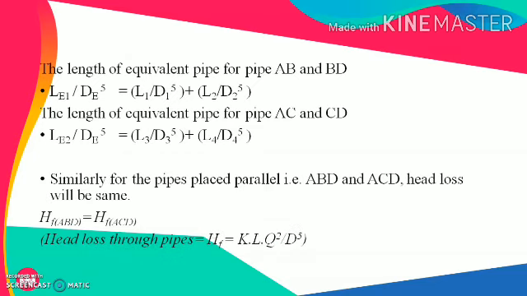So head loss through a pipe, as we are aware, equals KLQ square upon D raised to 5. So we can write head loss from A to D via B equals KL1 Q1 square upon D1 raised to 5 plus KL2 Q1 square upon D2 raised to 5.